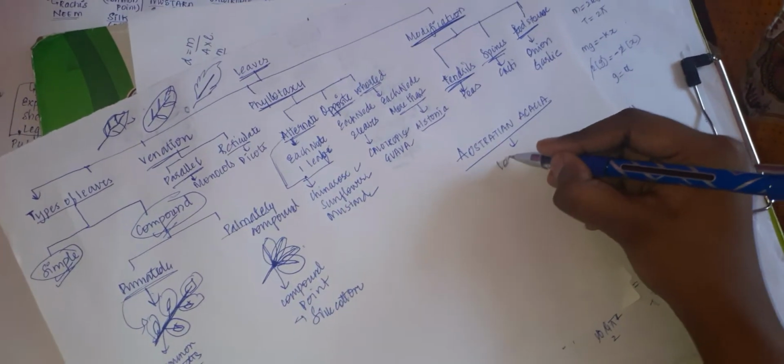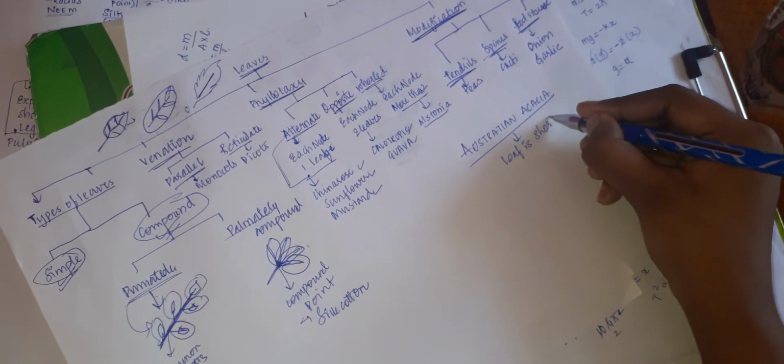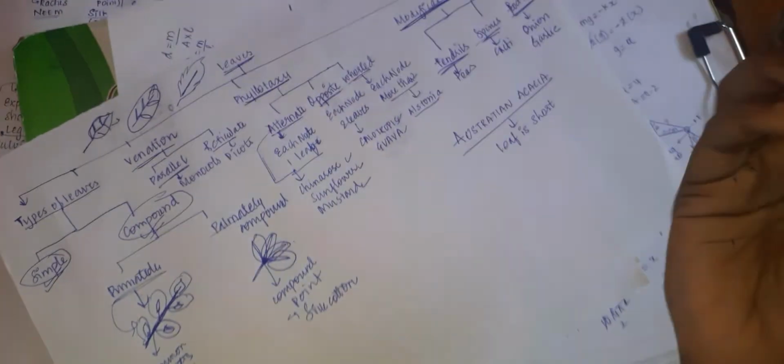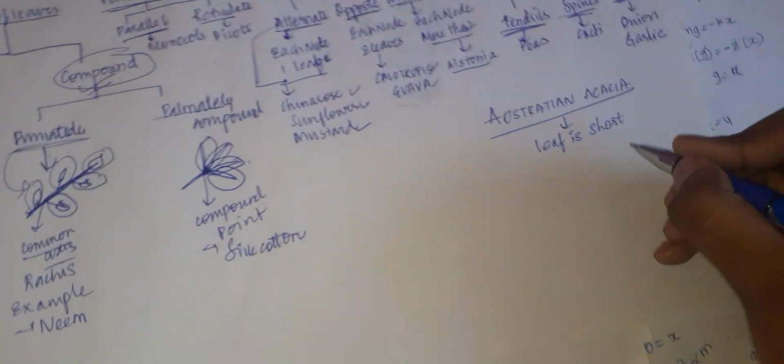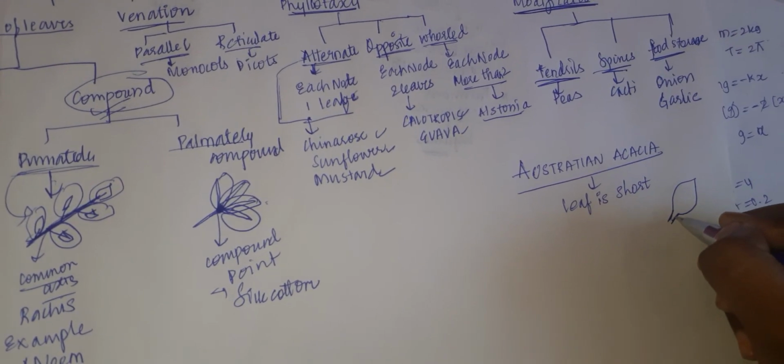In these, the leaf is short-lived. So what is the next part? It comes as an action hero to save the plant. What do you have next to the leaf base? You have the petiole.